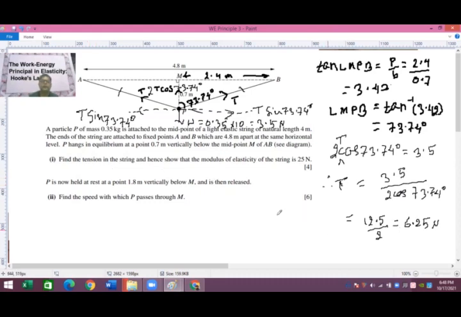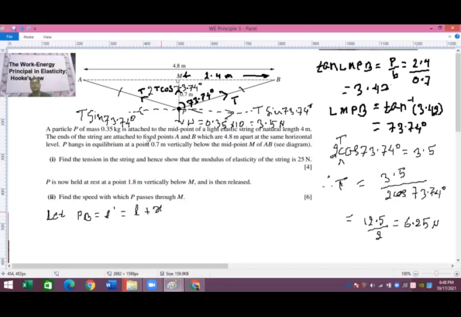Now the question is asking you to find the tension in the string, which we have already got, that is 6.25 Newton, and now you are to prove that the modulus of elasticity of the string is 25 Newton. So in this case we have to work a bit more. Let the length PB be L dashed, that is the extended length, which contains the original length L plus the extension of the string.